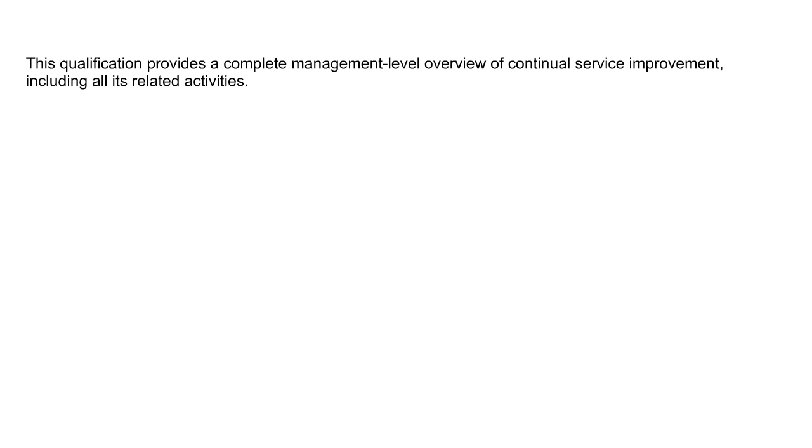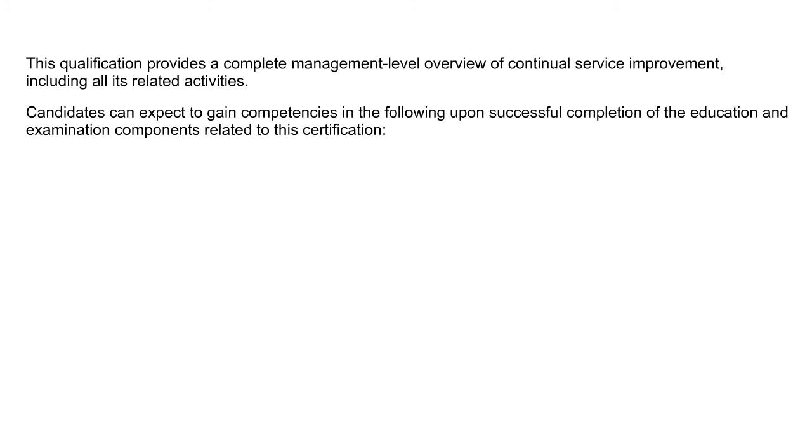The objective of the CSI course is to provide a complete management level overview of continual service improvement, including all its related activities. Candidates can expect to gain competencies in the following upon successful completion of the education and examination components related to this certification. Introduction to Continual Service Improvement.